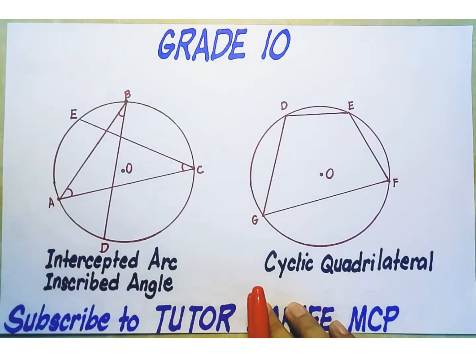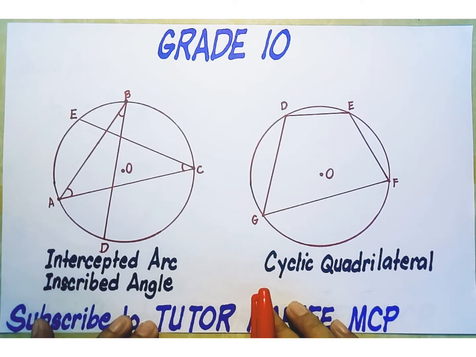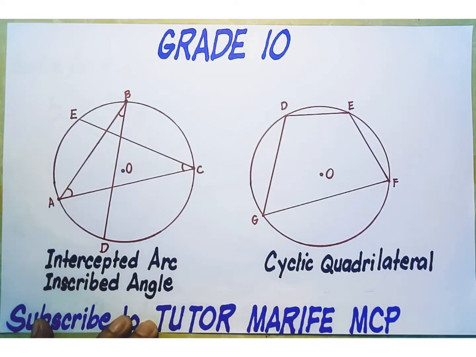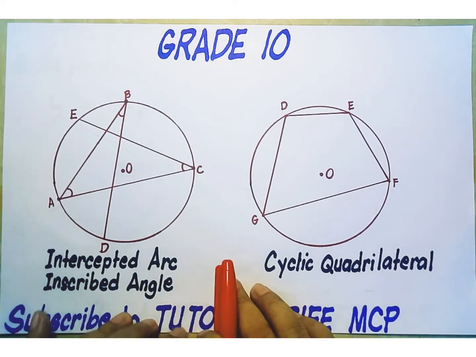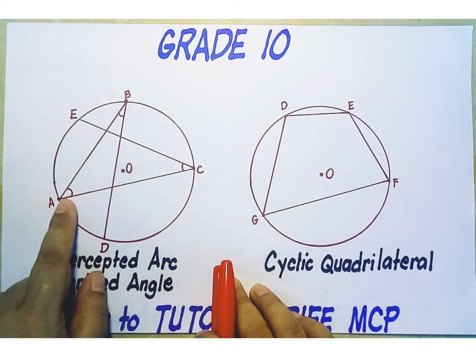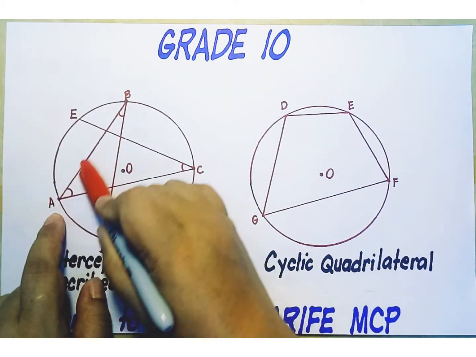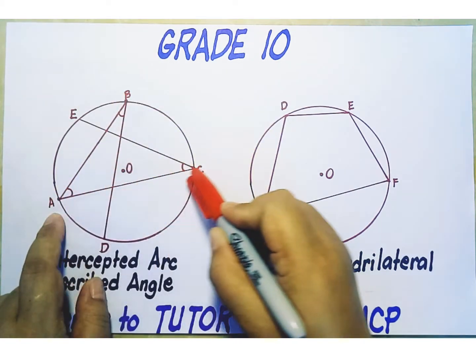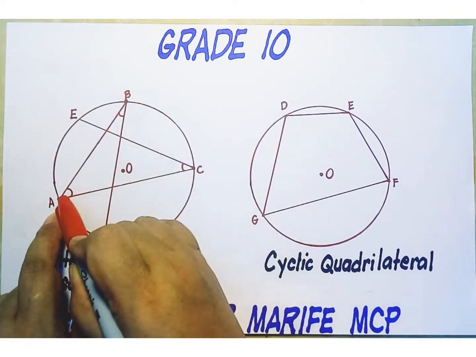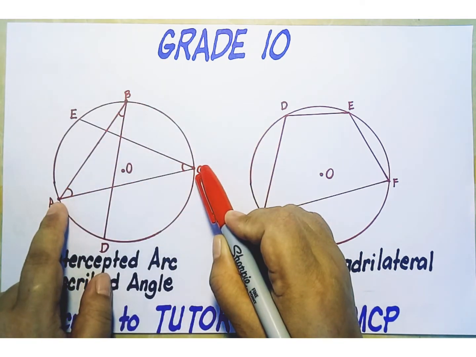What is an intercepted arc? It is the section of the circumference of the circle enclosed by the sides of an inscribed angle. Okay, let's look at angle A once more. This is angle A. These are the sides of angle A. We have chord AB and chord AC.